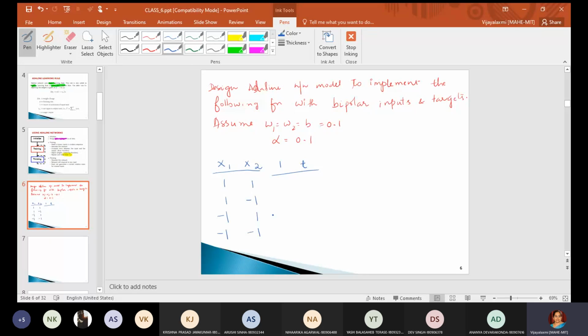We are using bipolar inputs. So this is one only, the bias input, and the targets are 1, 1, 1, minus 1. Okay, this is the problem given. So you may be given any truth table. You have to develop the neural network model.